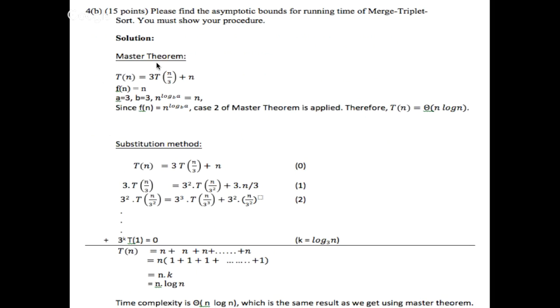So if we use the master theorem, we know f(n) equals n here, and a equals 3, b equals 3 again. So n^(log_b a) equals n. And so this f term is comparable to this recursive term, so that case 2 of master theorem is applied. And the time cost is big theta, n log n.